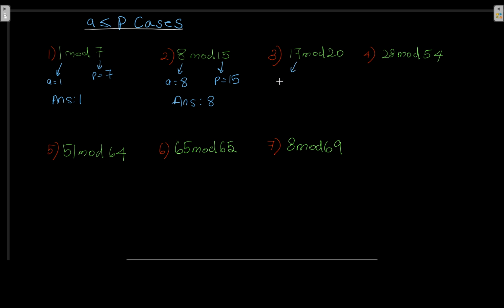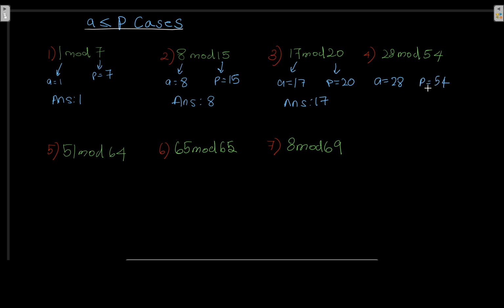The value of A in question 3 is 17 and the P value is 20. So A is less than P, and the answer would be 17. Similarly, for question 4, the A value is 28 and the P value is 54.